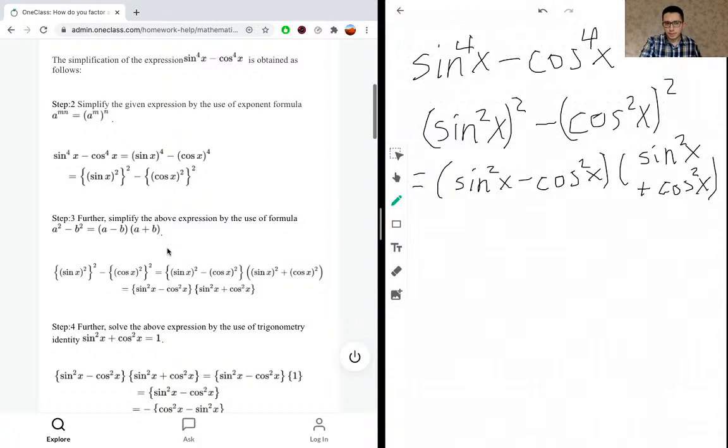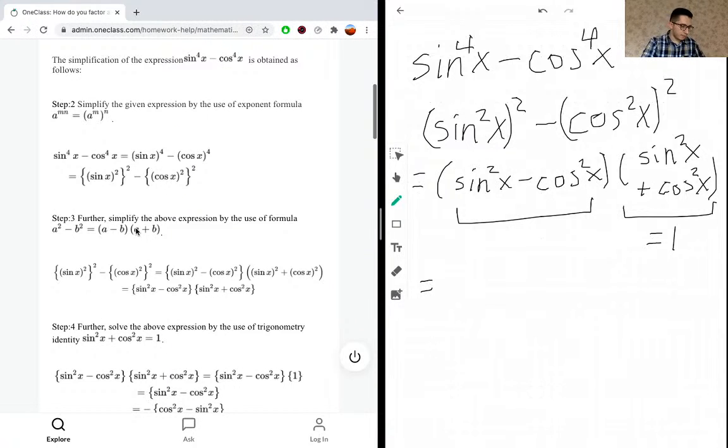If we represent a and b here, a would equal sine squared x and b would equal cos squared x. When we split them out, we have sine squared minus cos squared, and then a plus b again, so sine squared plus cos squared x. Using trig identities, we know sine squared plus cos squared just equals 1. So this simplifies down and we're left with just this component.